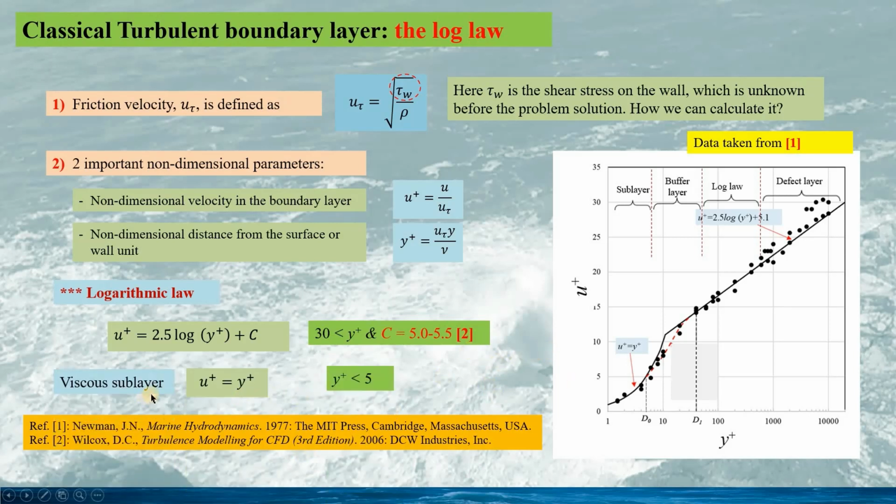And we also have the viscous sublayer, which is given by the expression u plus equals y plus, when y plus is equal to or less than 5. We can see in the drawing, the straight line here is the logarithmic law, and here is the viscous sublayer. So we can see these expressions can well represent the boundary layer.